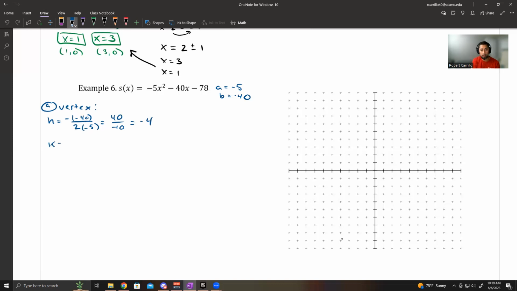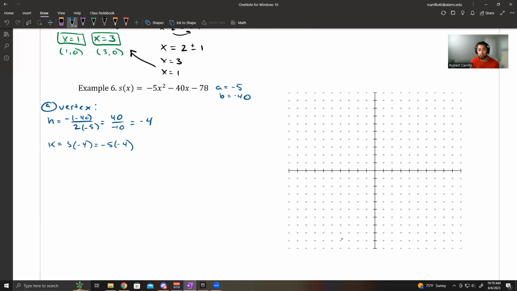And then K, the function is labeled as S, so you'll say S of -4, plug in -4 for everything. Just making sure. I know I'm doing turbo math, but I don't want to make a mistake.